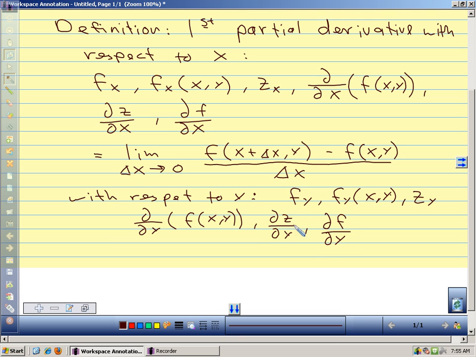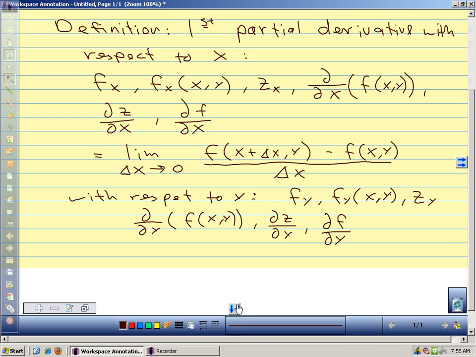One reason we use the curvy d here is that if you saw this without knowing anything else about the function, you would know immediately that this was a multivariable function, because the curvy d tells us we're taking the derivative with respect to just one of the variables. So if your problem says assume that df dy is such and such, you know you're talking about a multivariable function.